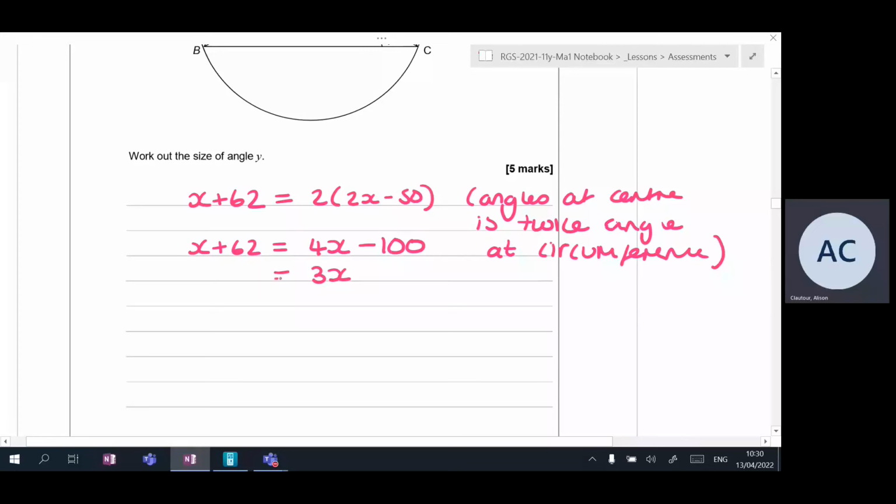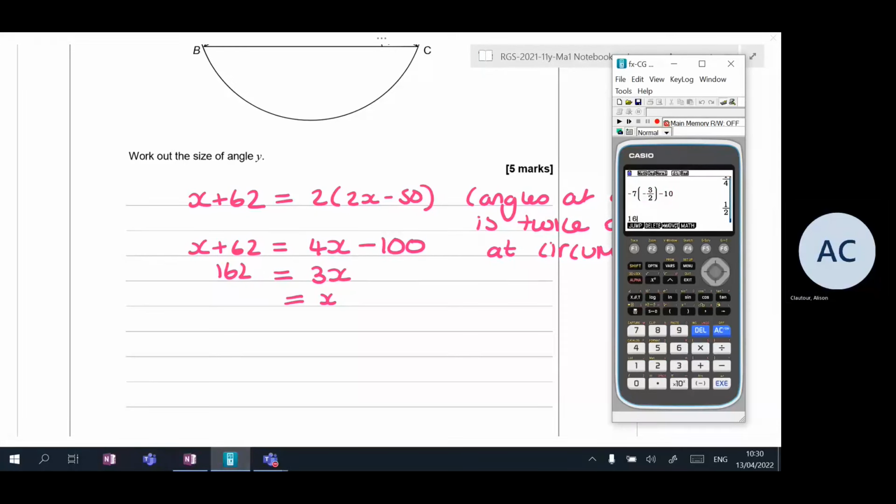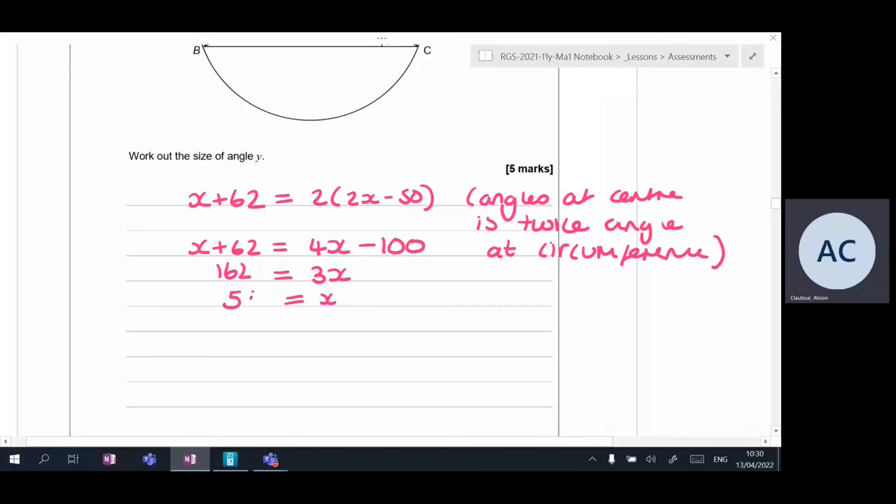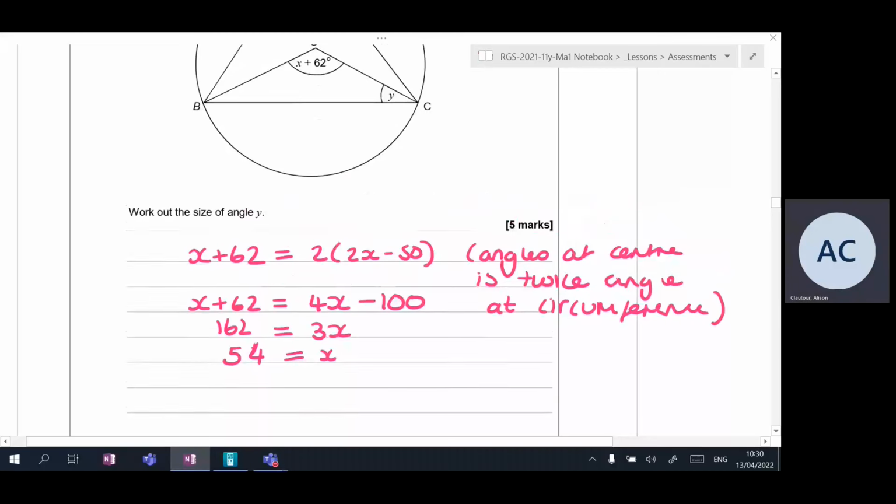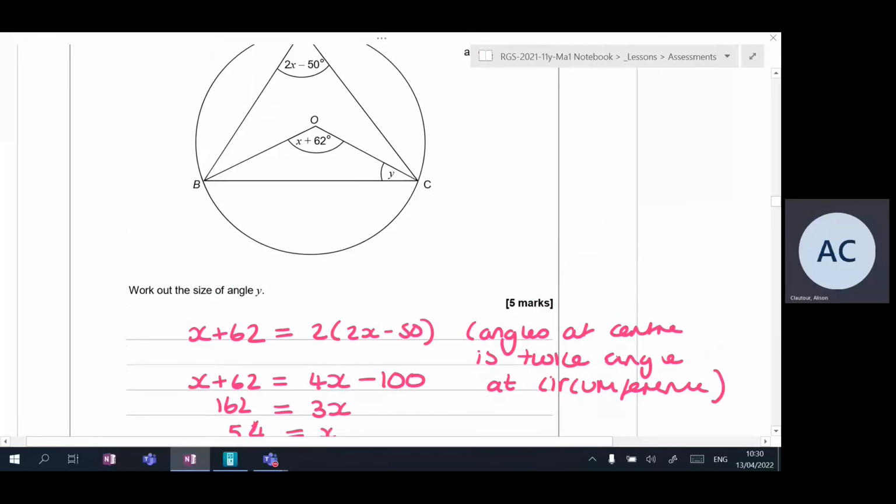Okay, so it's just a simple linear equation to solve. So I know x is 54. Okay, I can then use that to find y.